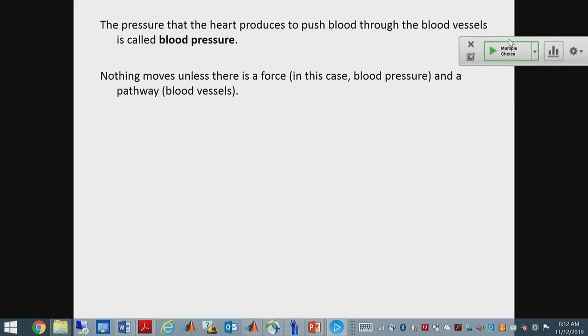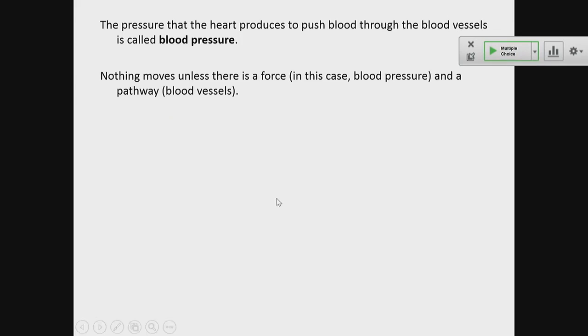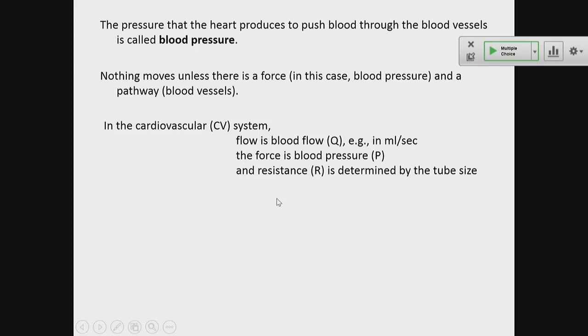As with any physical process, nothing moves unless there's a force, in this case the pressure, and a pathway, which in our case is the blood vessels. If this is the case, then Ohm's law, or a version of Ohm's law, applies. We call the blood pressure P and the resistance R.